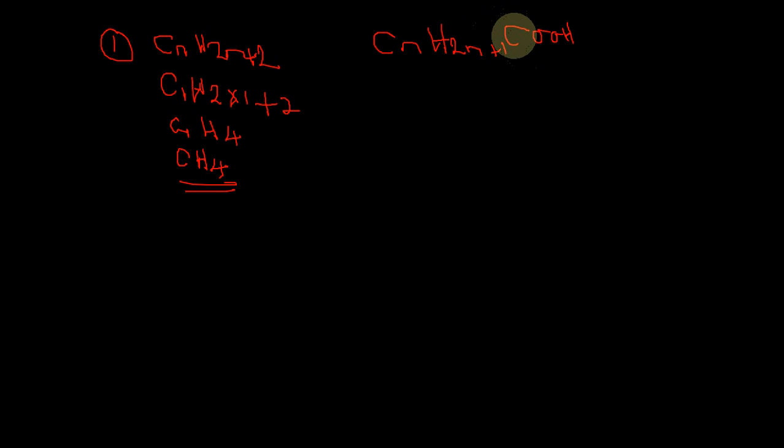So if you want to write an acid with 1 carbon atom, if you ignore this one and you put 1 there, automatically you get it wrong, because that acid would have 2 carbon atoms by the end of the day. So how do I make that one to be 1?